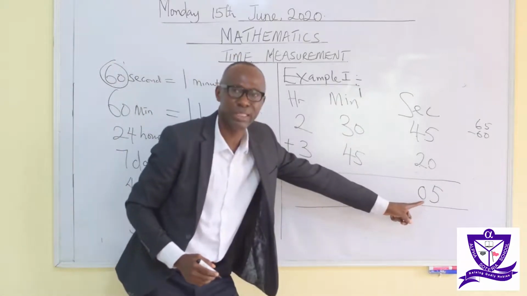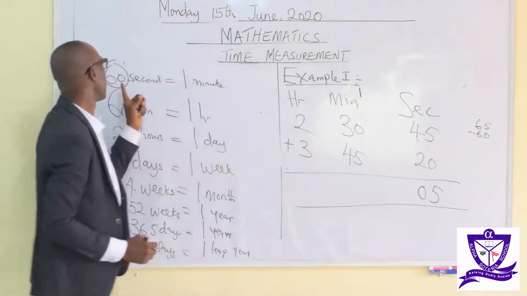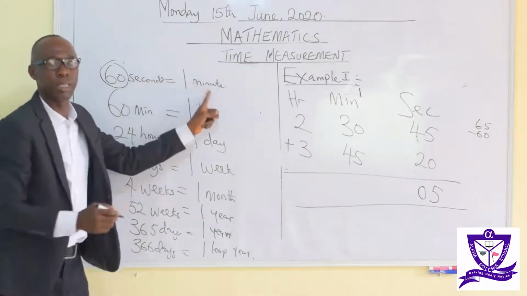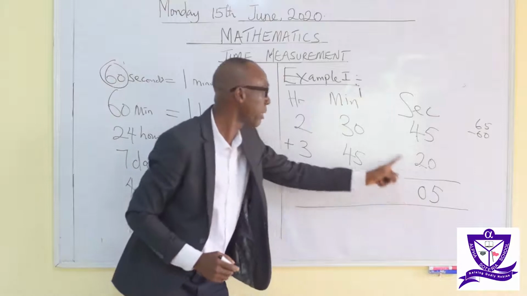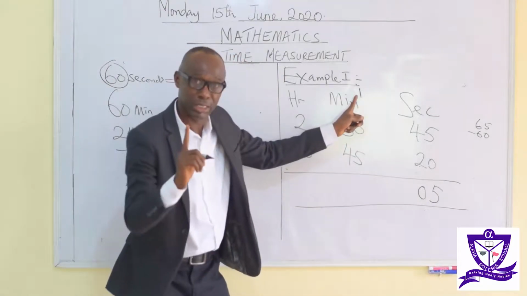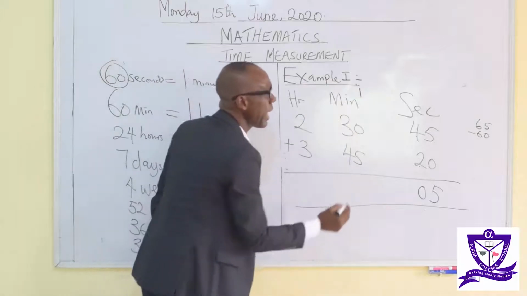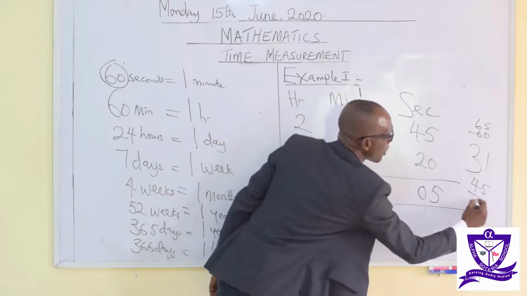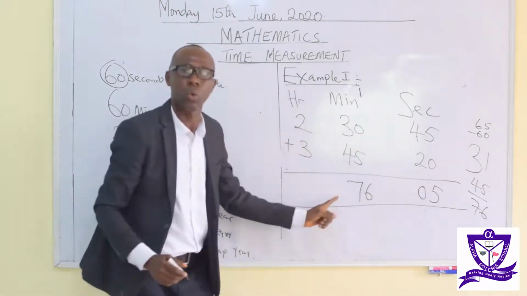I've taken away 60 here, it becomes 1 minute. 60 seconds make 1 minute. Therefore, my 60 is taken away from here and becomes 1 minute. So I'm adding 1 to 30, becomes 31. 31 and 45. 31 plus 45 will give me 76. I cannot write the whole 76 here. Why?